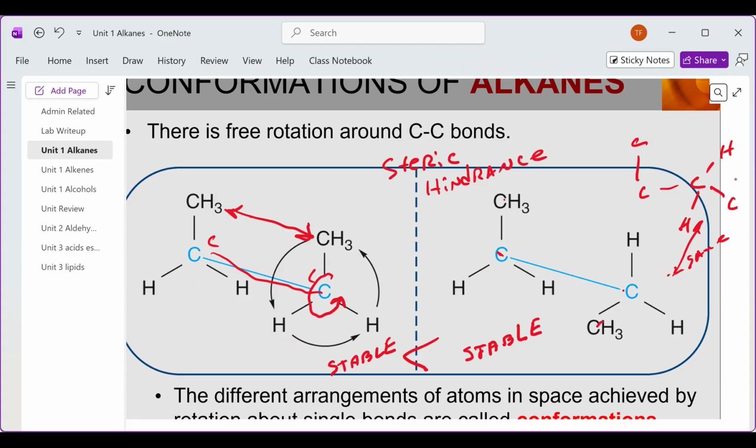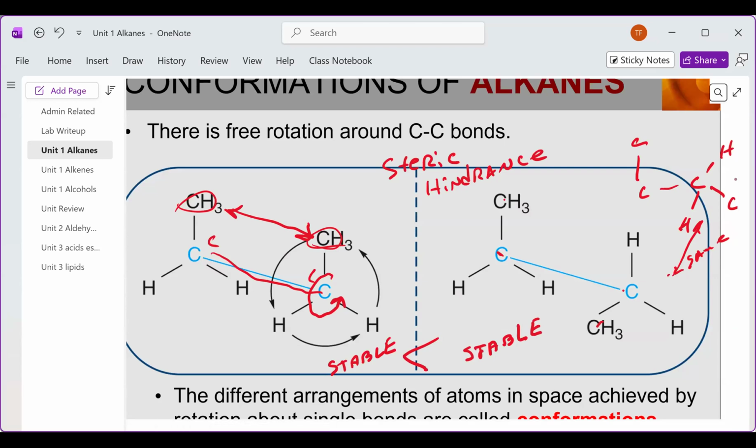Steric hindrance is a very important concept in organic and biochemistry, particularly biochemistry. What's going on here is this methyl group is getting in the way of that one. So how do we fix it? We just twist it so that it's not as close.